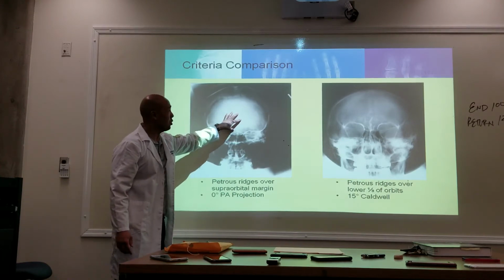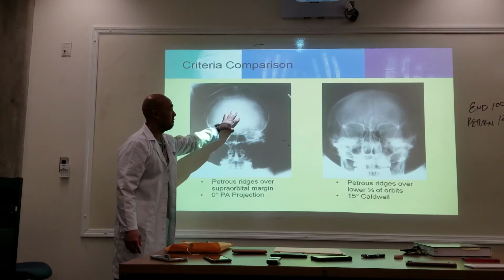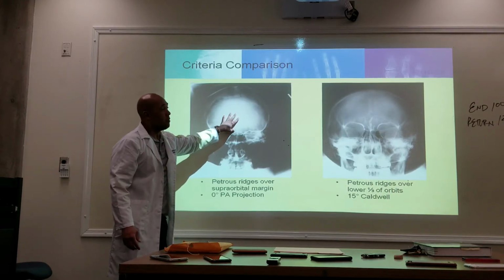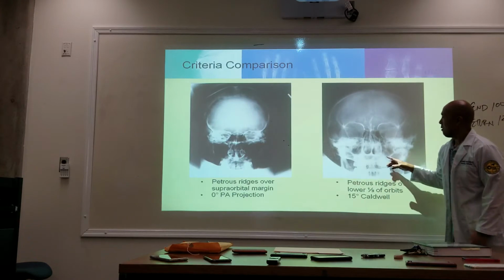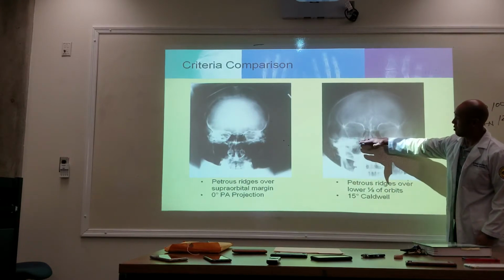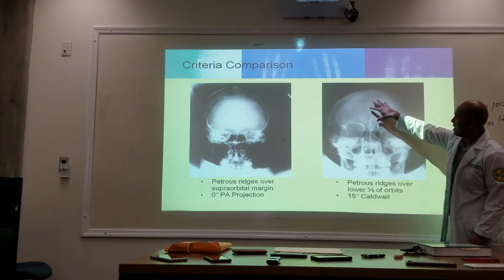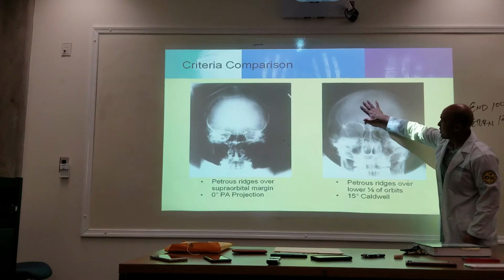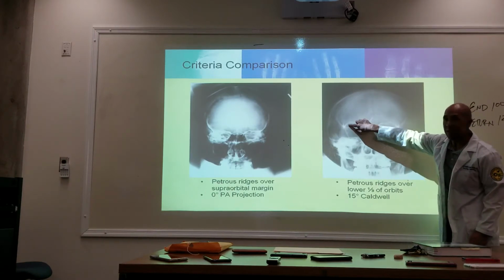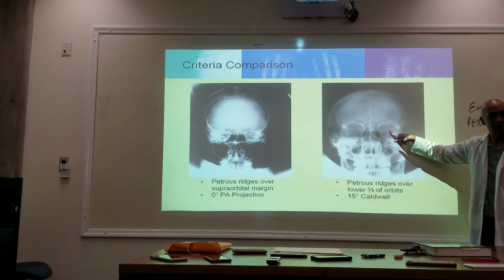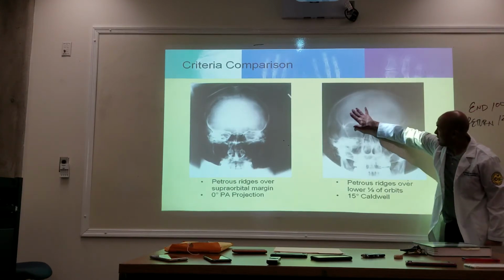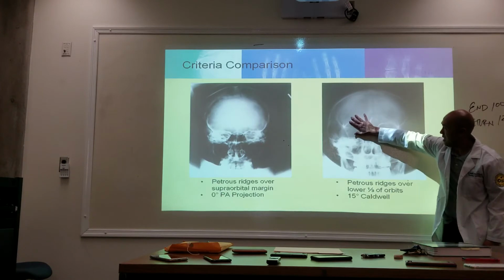You get a true profile of the frontal bone. Well, then why can't we do that here? Because we're trying to get the petrous ridge away from the orbit, because not only are we looking at the frontal bone, we're trying to see if something is happening at the upper portion of the orbit. So we're looking at not just this, but this entire area right here.